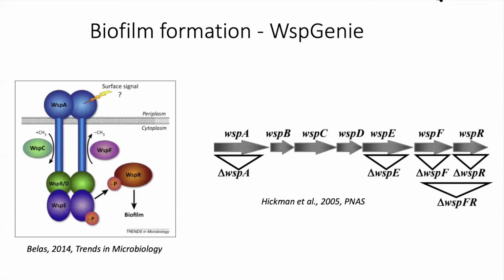Biofilm formation. All of these HMMs already exist in PFAM. So it was basically just downloading these HMMs and organizing them in a way where Wisp Genie could figure out operon structure.